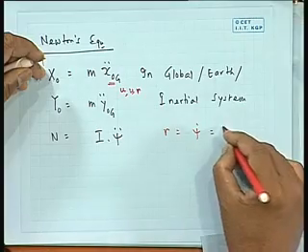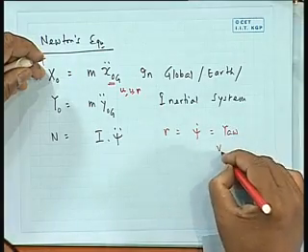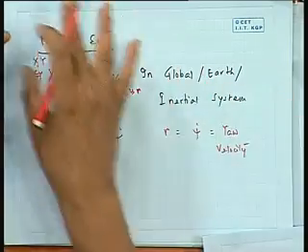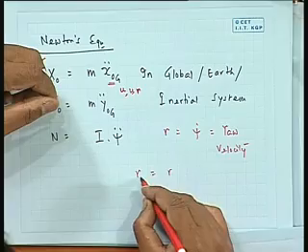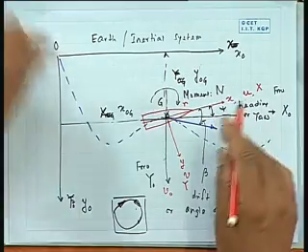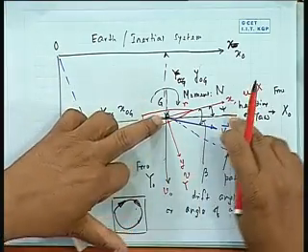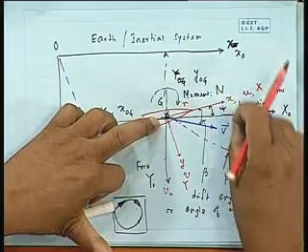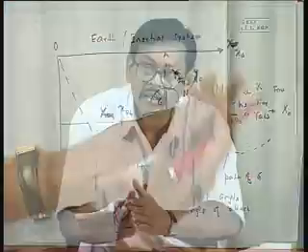And r, which is psi dot, is nothing but a rotational velocity. That is invariant whether it is x0 or y0. There is no r0; if you call it r0, then r0 is r, because the rotation is a rate of change of the angle psi. For example, if it was 10 degrees and it rotates, next second it will become 11 degrees, so it has changed 1 degree per second.